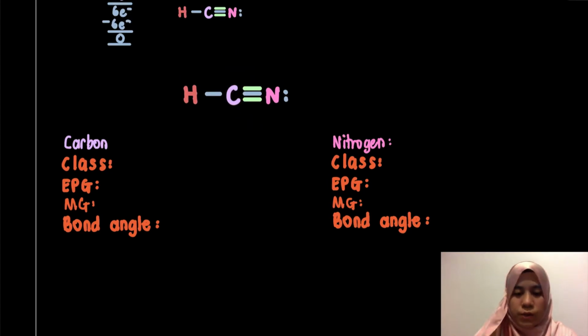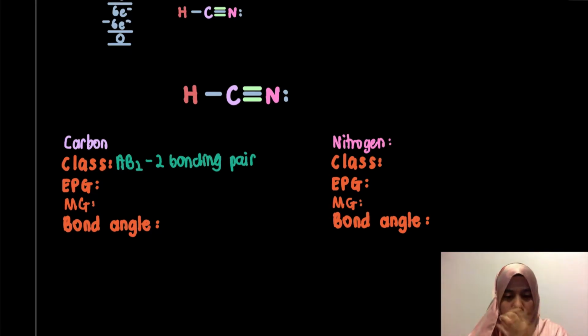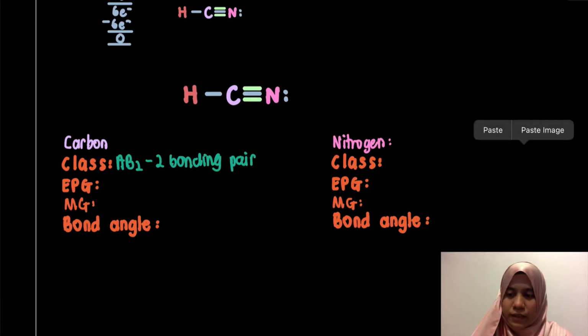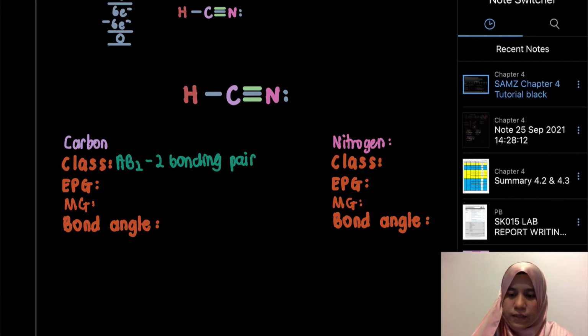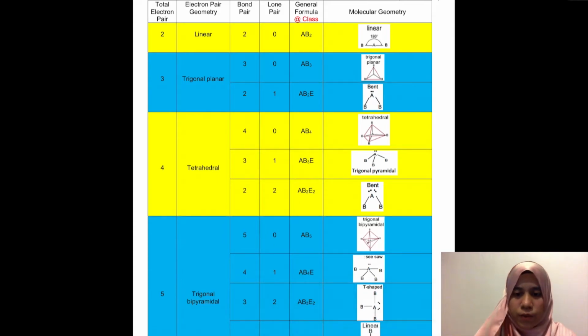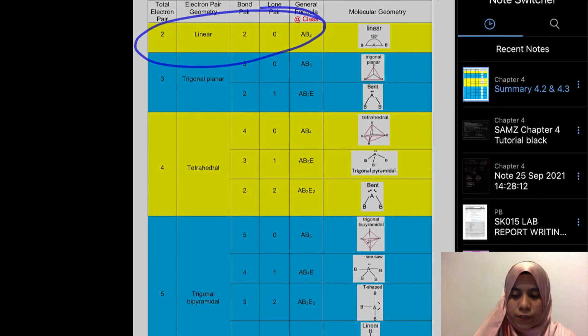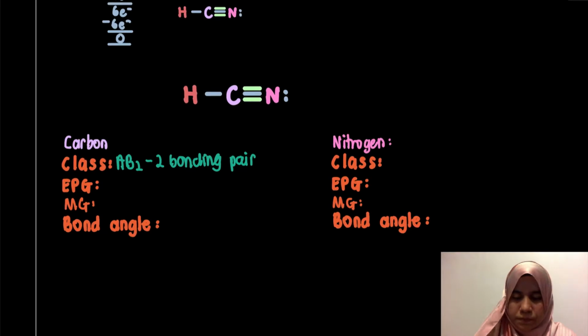So, we have to write down here AB2, 2 bonding pair. Okay, so kalau 2 bonding pair, what is the shape? Shape dia adalah linear. AB2, it will be linear. It has no lone pair kan? So, the same goes for my molecular geometry and the bond angle since it is linear. So, bond angle kat sini sebenarnya 180.